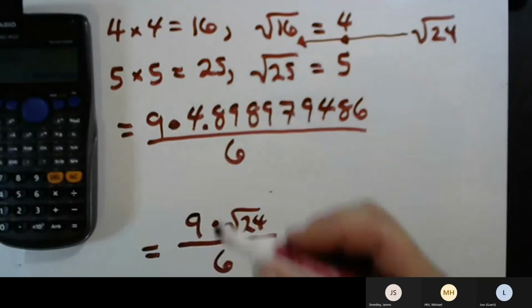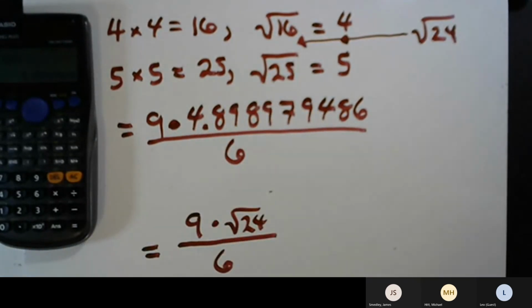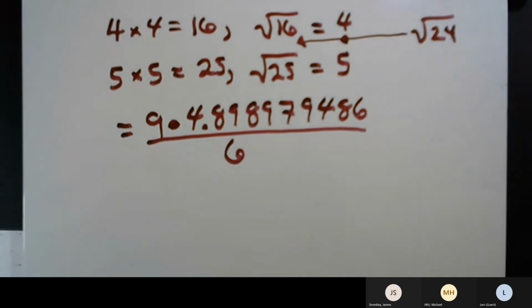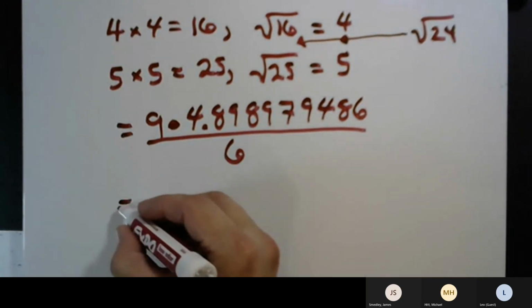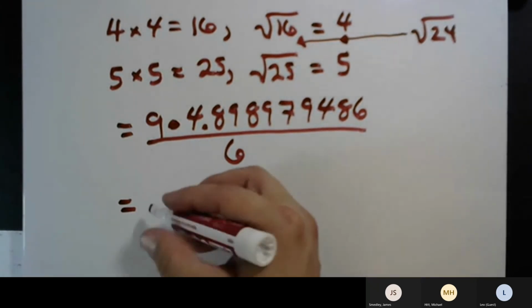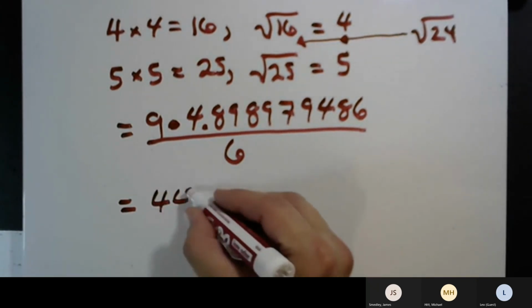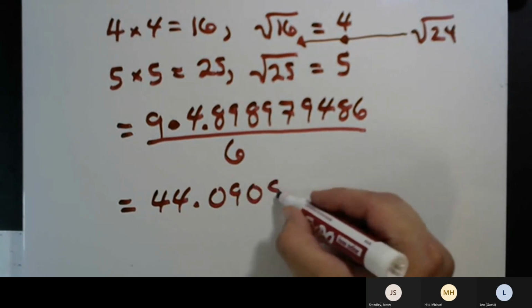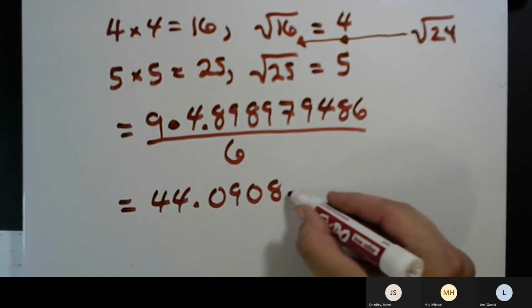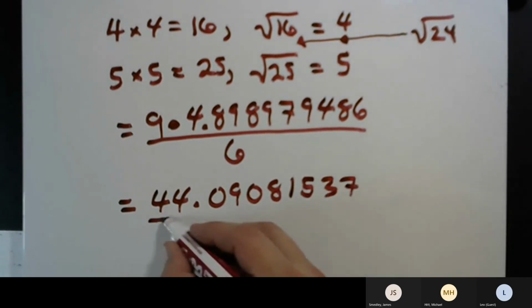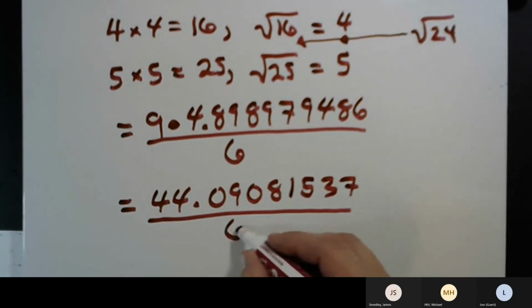This is a multiplication. And so now we're going to multiply the 9 and that irrational number. If we do that, we get 44.09081537 over 6.